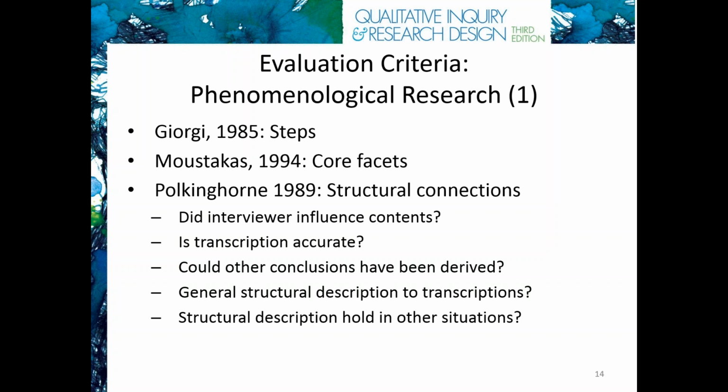For phenomenological research, here are some seminal researchers that you can look into if you're looking to take a phenomenological approach. What were the steps taken in the research process? What kind of structural connections did the researcher make between the phenomenon and the conclusions?